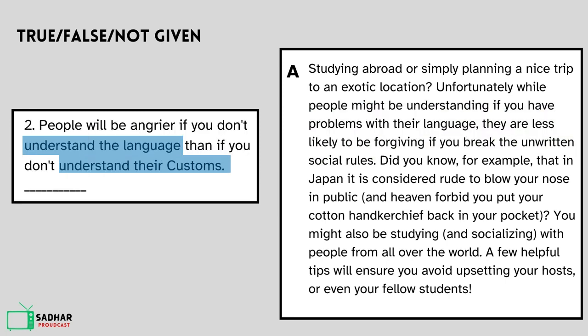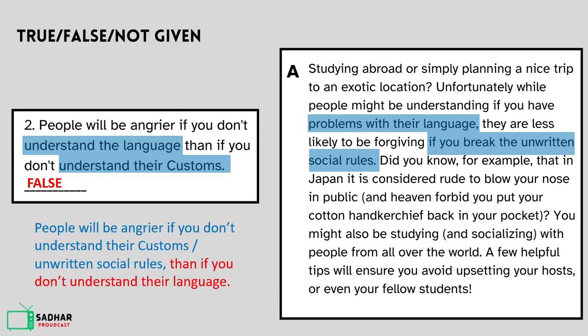Question number 2. People will be angrier if you don't understand the language than if you don't understand their customs. Similar keywords. So problems with the language, or if you break the unwritten social rules. The answer is false.